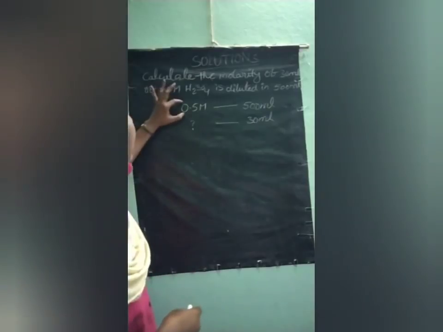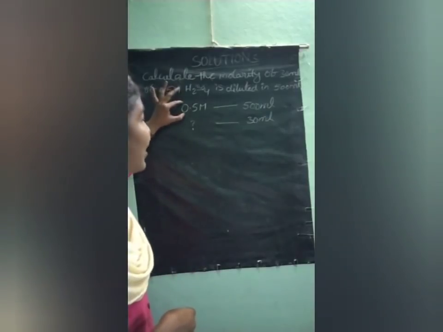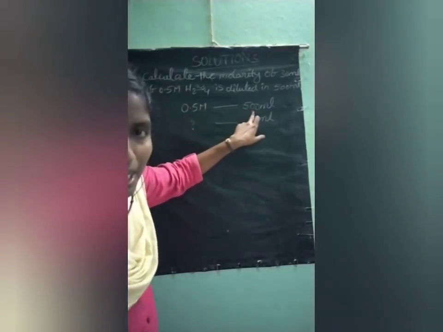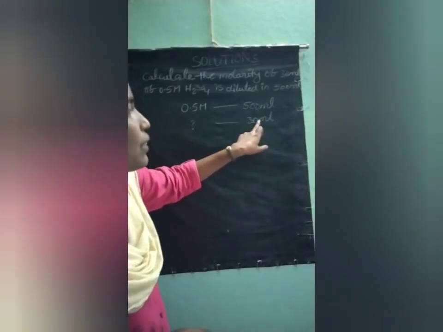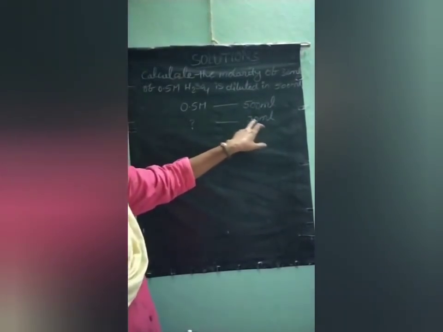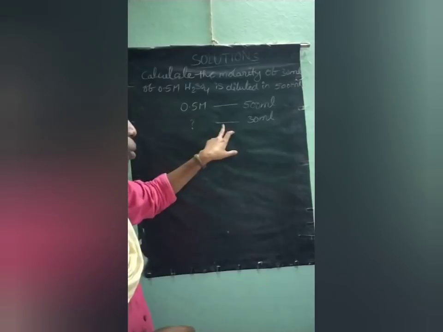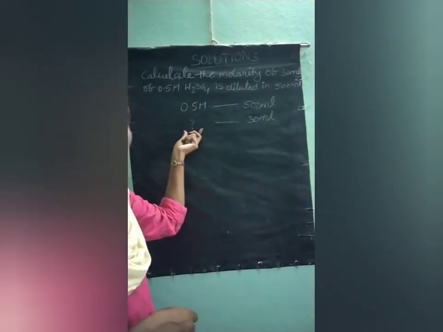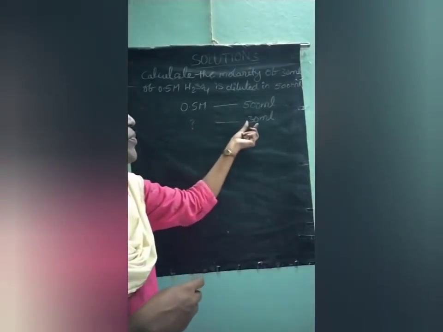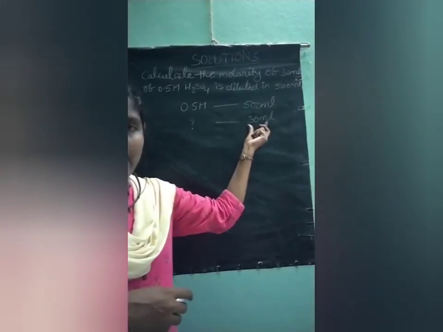So 0.5 molar sulfuric acid is diluted to 500 ml. Then the 30 ml of sulfuric acid is diluted, and what is the concentration of the sulfuric acid present in the 30 ml?